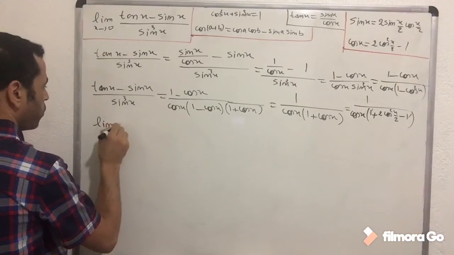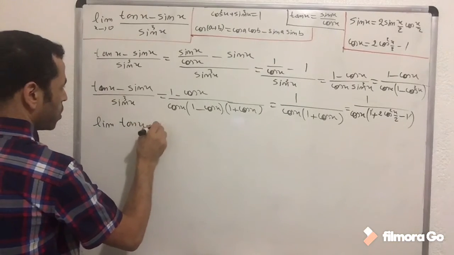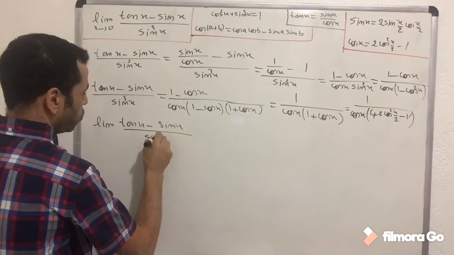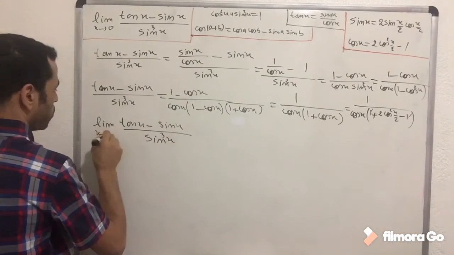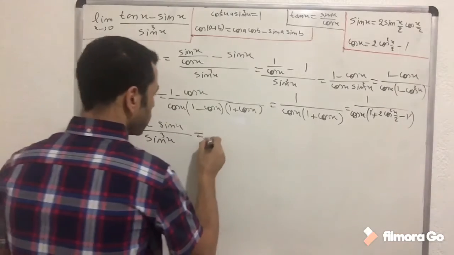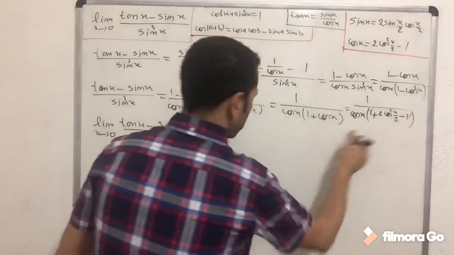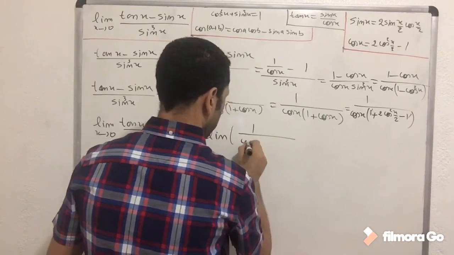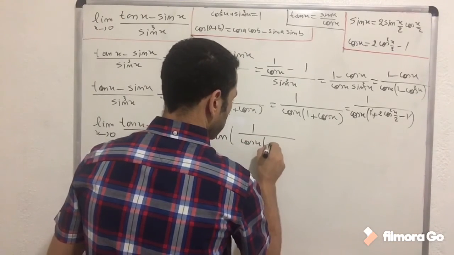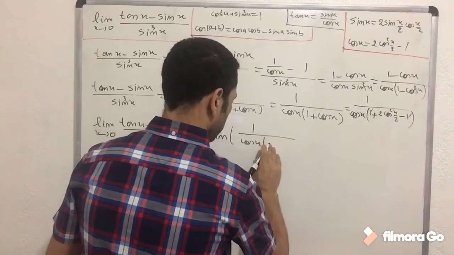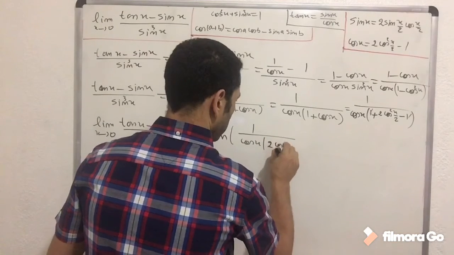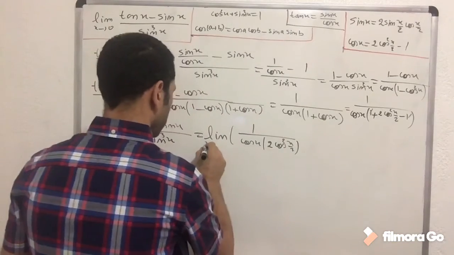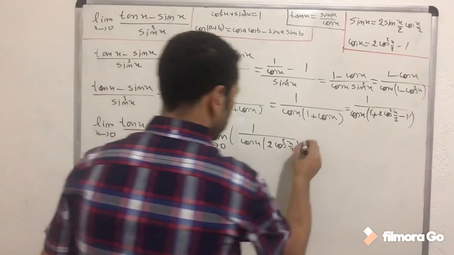The limit as x approaches 0 gives you the limit of 1 over cosine x times 2 cosine square of x over 2. That's what is left when x is approaching 0.